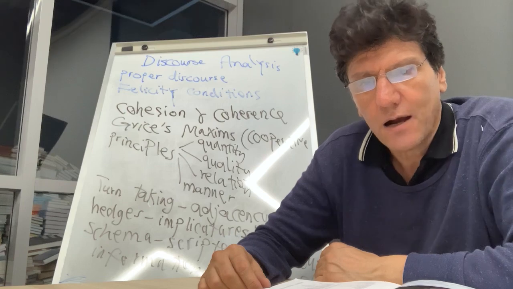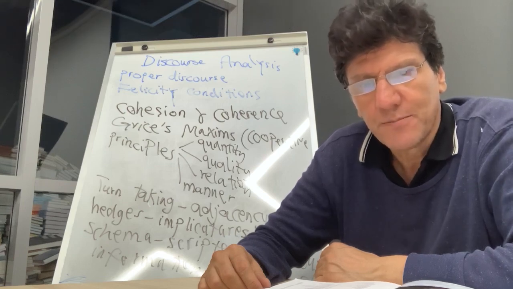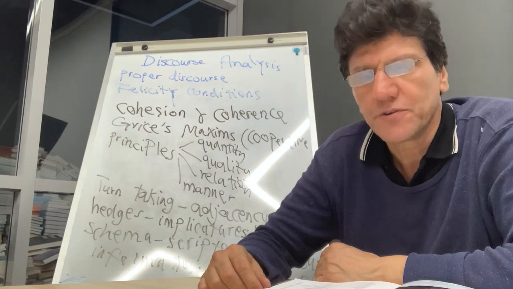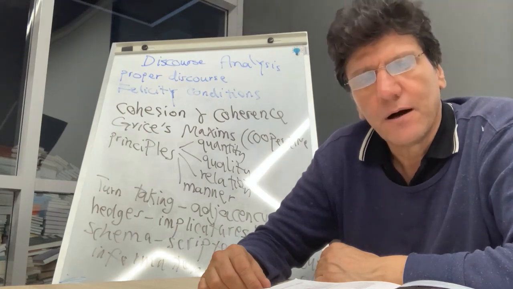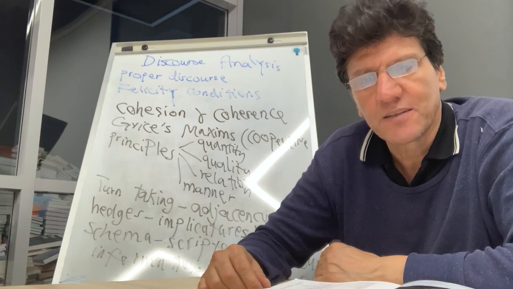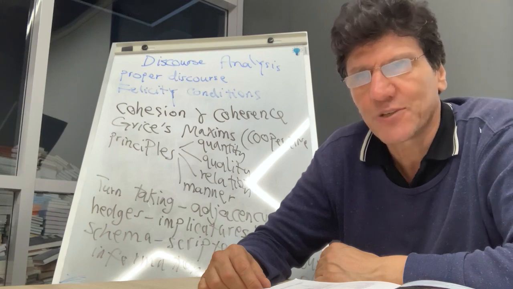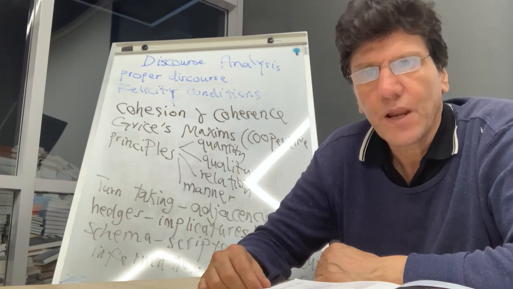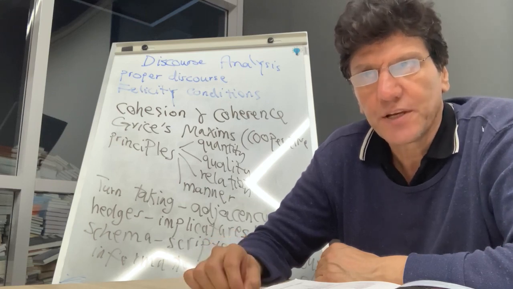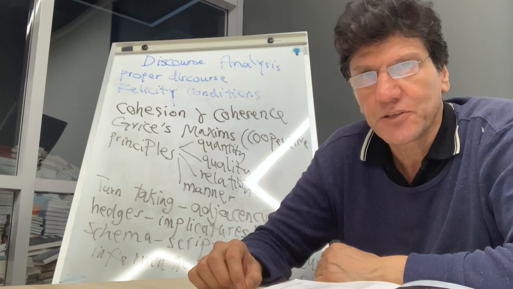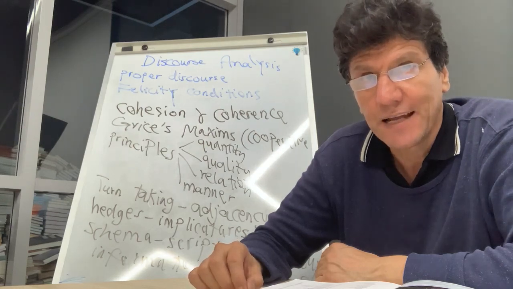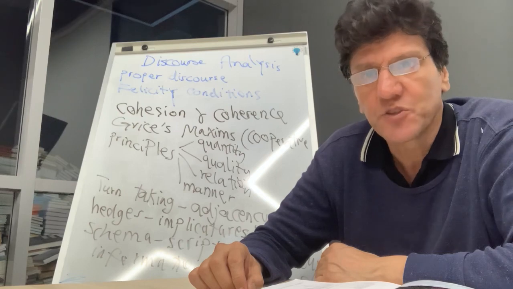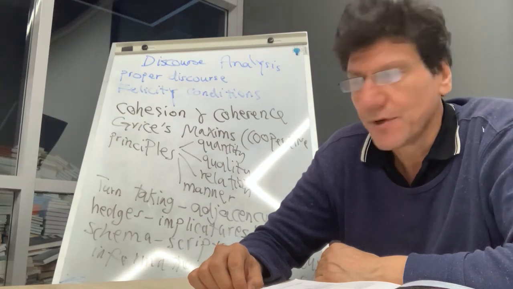This dialogue lacks cohesion. Apparently there is no cohesion, but there is coherence. And we understand that Alex is not going to the party because Mary is there, and the relationship between Alex and Mary is not friendly. So coherence, by definition, is the logical connection between elements of a discourse outside of the text, and it is created in the minds of the speakers and the listeners.